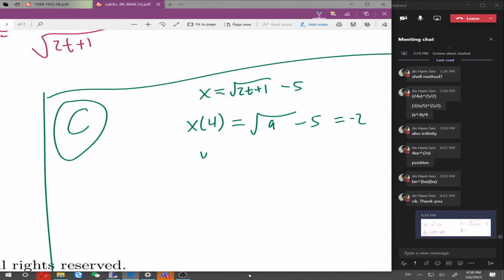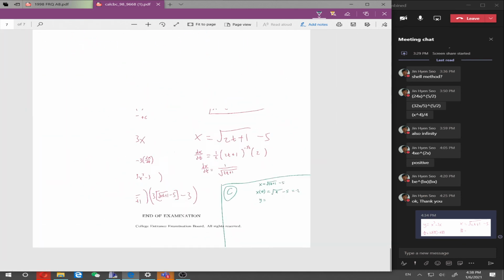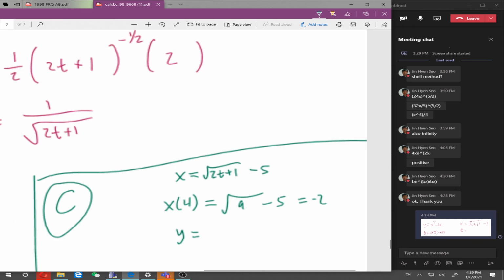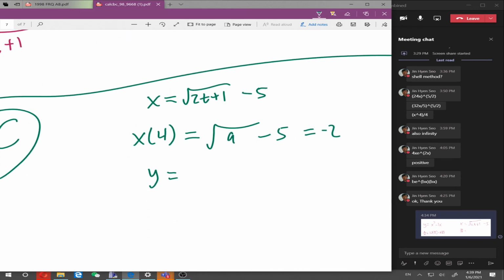So y is equal to x cubed minus 3x. Assuming our x is correct, we can just plug that in. So our y when t is 4 would be equal to what? -2 as well.